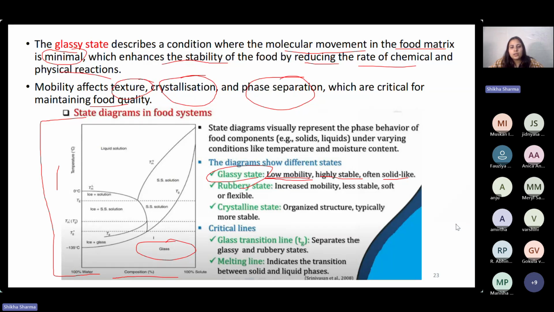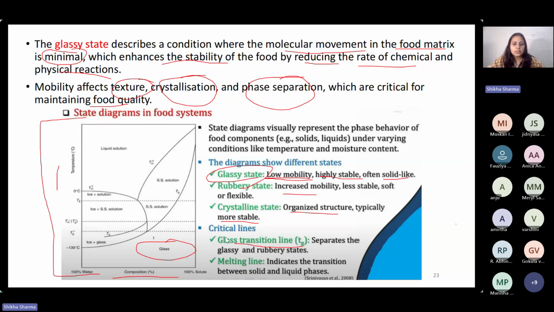Then second is the rubbery state. In the rubbery state, the mobility increases a little bit, so it becomes less stable and a little solid-like or flexible. And third is the crystalline state, where there is an organized structure we can see, and more stable systems. And another is the glass transition line.